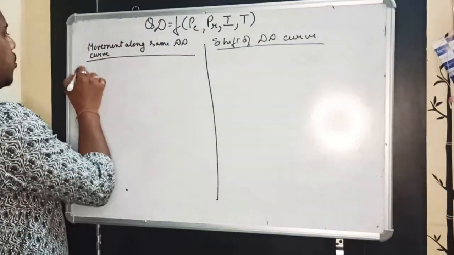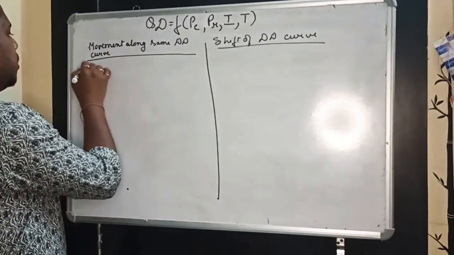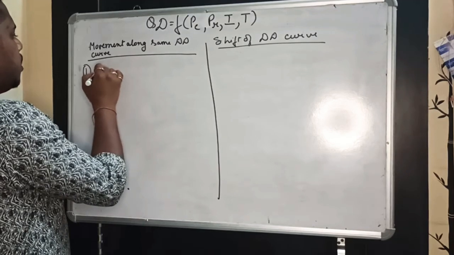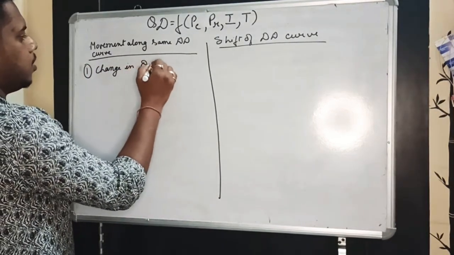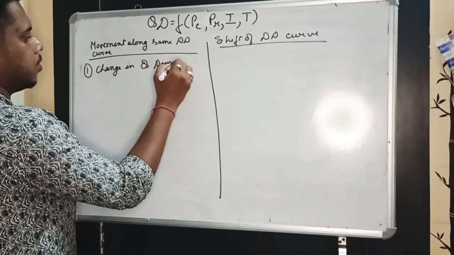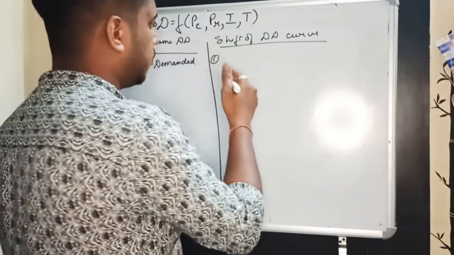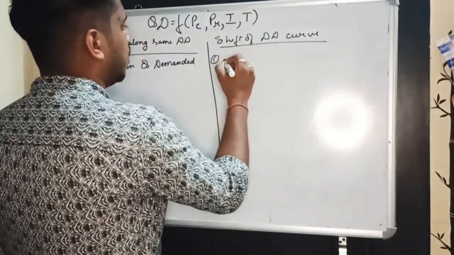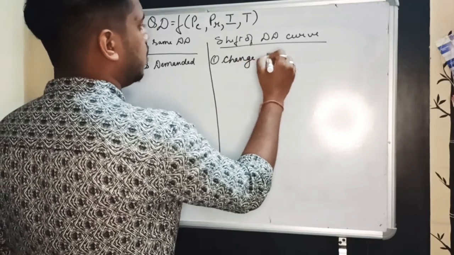The movement along the same demand curve is also known as change in quantity demanded, whereas shift in demand curve is also known as change in demand.